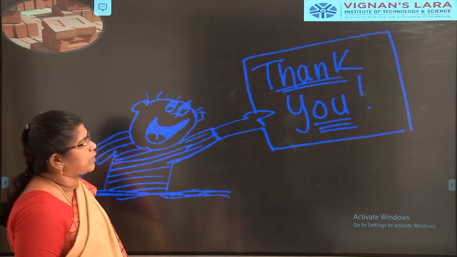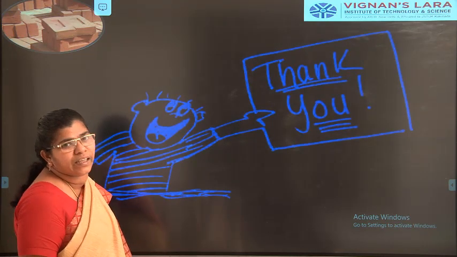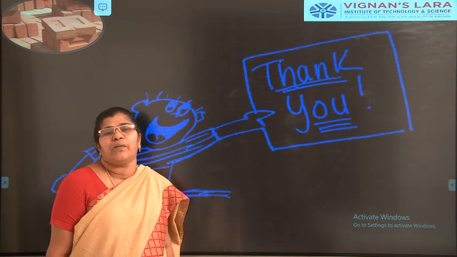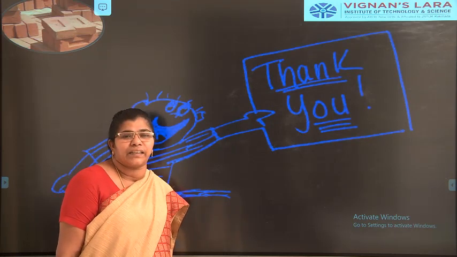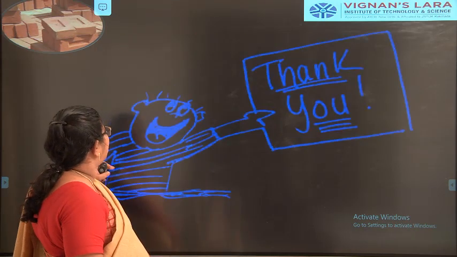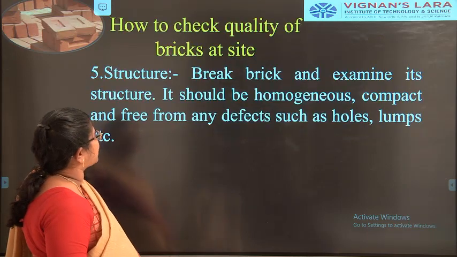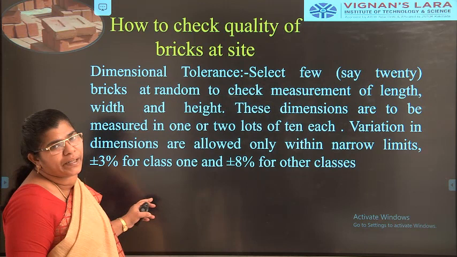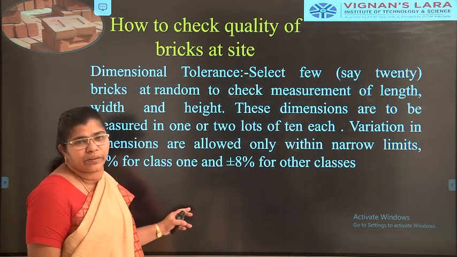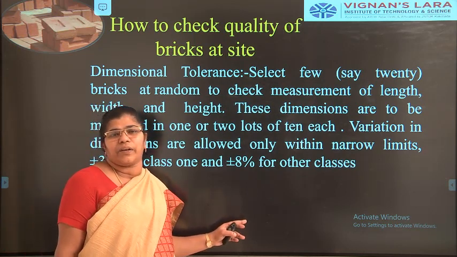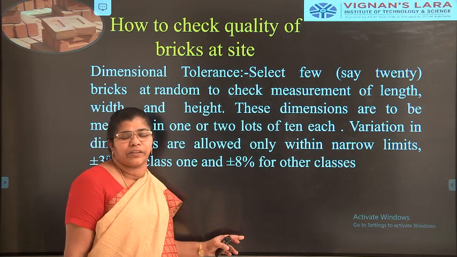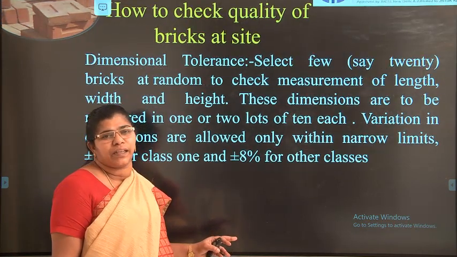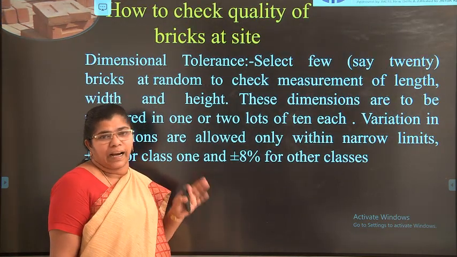Okay. So thank you. In this class, what we have seen are the different classifications of bricks, and how to check the good quality of brick at site. The main thing when I go to a site as a civil engineer is the color of the brick.